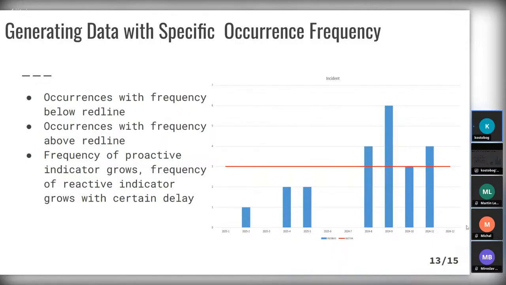So before that, the frequency of these incidents was above the red line, and then afterwards they fell down. That's one of the scenarios that we would like to generate. And this is something that is not really supported directly in those libraries, so it has to be done outside in some other way.